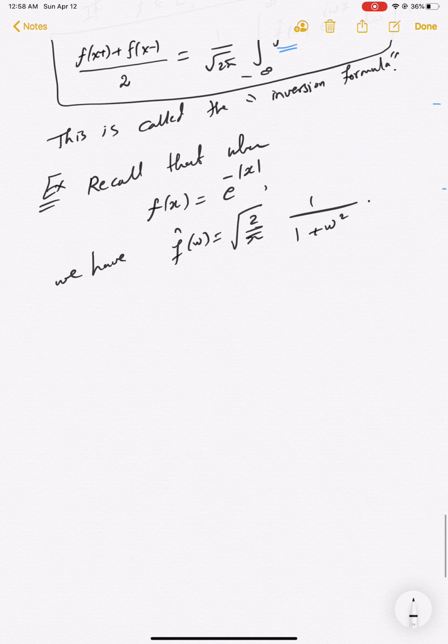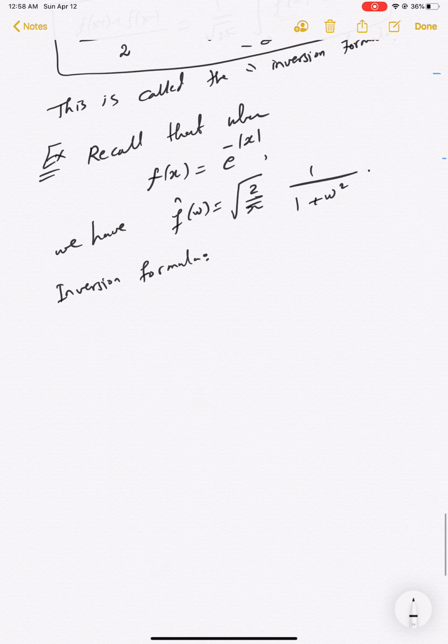We did it. Now, what is the inversion formula? In this example, there is no find or evaluate or anything. Let's just apply the inversion formula together. It says that f of x plus plus f of x minus, over 2, is equal to this thing.